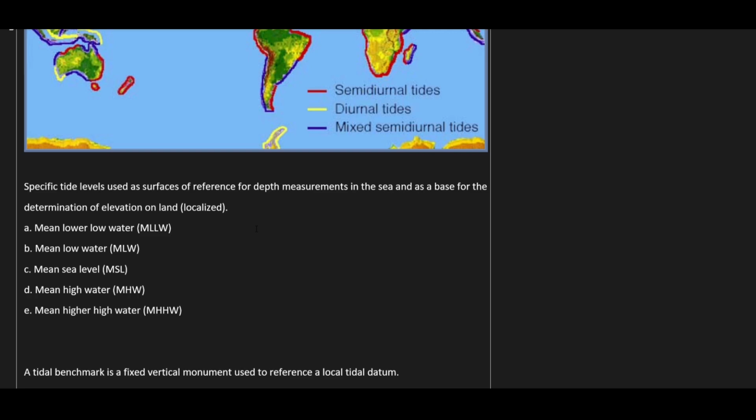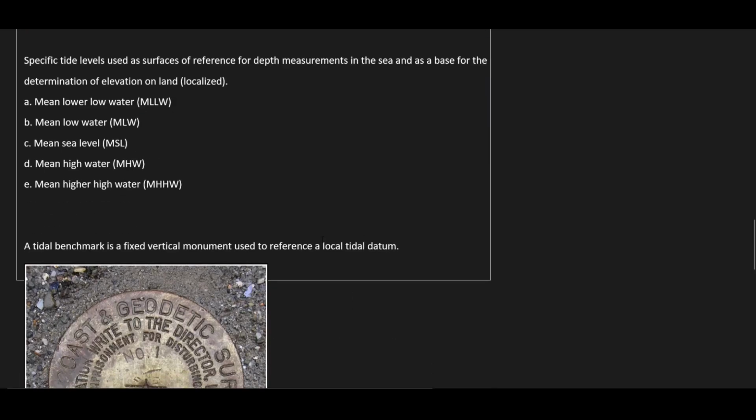Let's say if you are designing a bridge, you want to make sure that the boats passing underneath the bridge have safe clearance no matter what the tide is, right? So it is beneficial to use the mean higher high water tidal reference. Okay, so they have different applications.